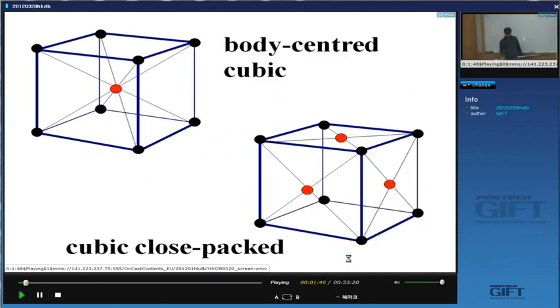Right, so these are the crystal structures of austenite and ferrite. And just to remind you, this is the ferrite, and it's got an atom at the center of the unit cell, and austenite with atoms also at the centers of the faces of the unit cell. I haven't drawn all the atoms here just to avoid confusion, but this is what we call face-centered cubic or cubic close-packed, because it's a close-packed structure, okay?